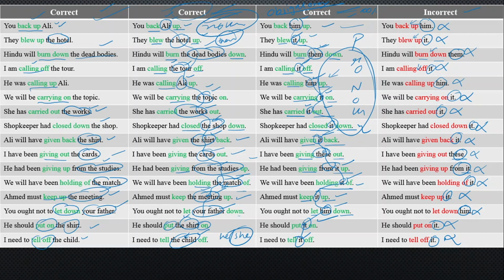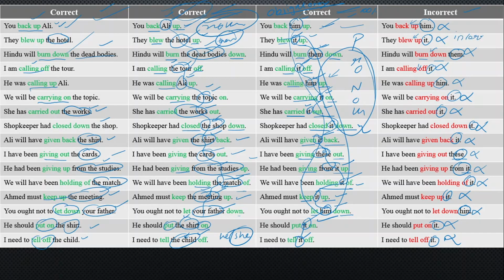And when your object is a noun, you have got the choice. You can separate the verb and adverb particle, and you can also not separate them. When your object is a pronoun, you must separate them, and if you don't, the sentence will be considered incorrect.